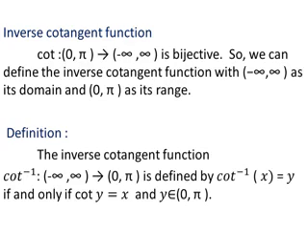Definition. The inverse cotangent function, that is cot inverse, is defined from minus infinity comma infinity to open interval 0 comma pi and is given by cot inverse x is equal to y if and only if cot y equal to x and y belongs to open interval 0 comma pi.